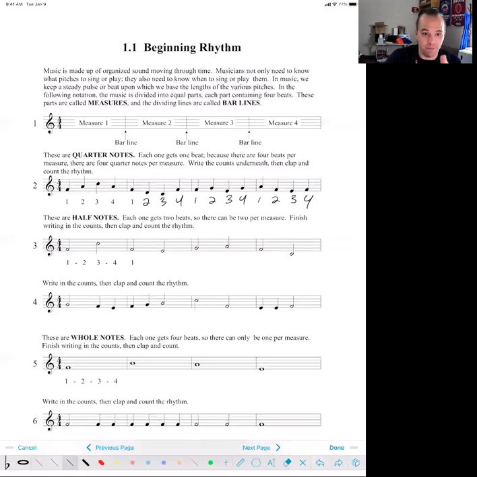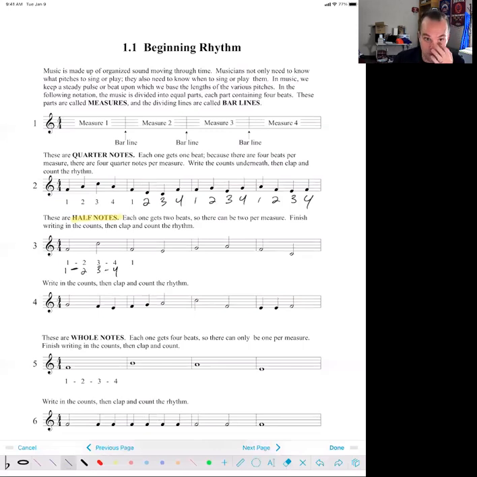The next type of note right down here is half notes. Half notes, you guessed it, make up half of the measure. They're worth 2 beats each, so we have 1, 2. Whenever we have something that takes up more than 1 beat, we put a dash like this. You see how they have 1-2 and then 3-4.